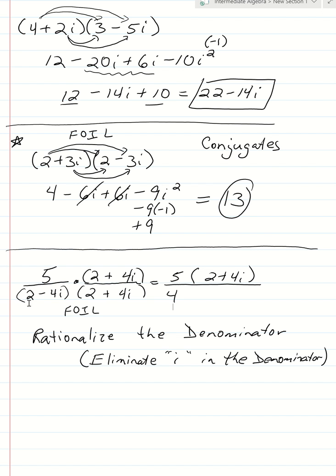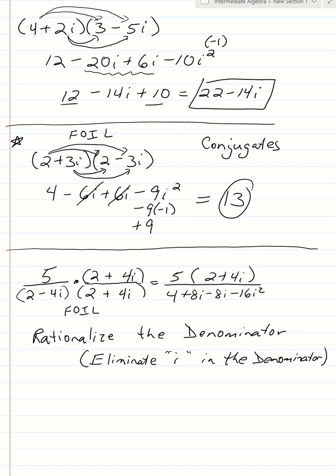If we multiply the 2 with the positive 4i, that would give us a plus 8i. Now let's go and multiply the negative 4i with the positive 2. That would give you a negative 8i. And now lastly, we have to multiply the negative 4i with the positive 4i, and that would give us a minus 16i squared.